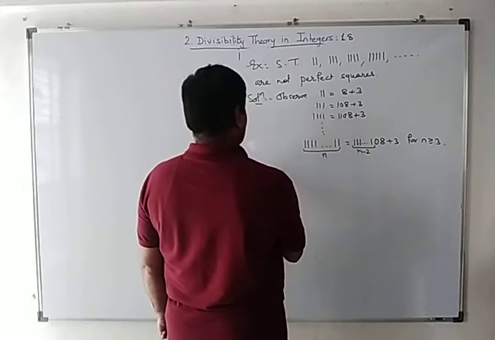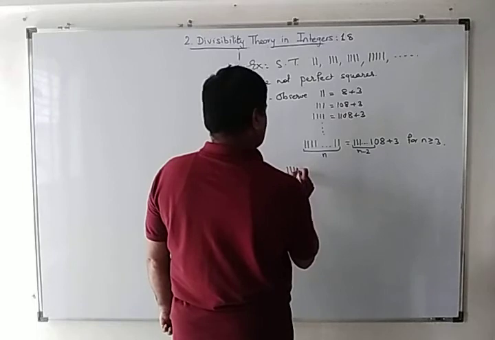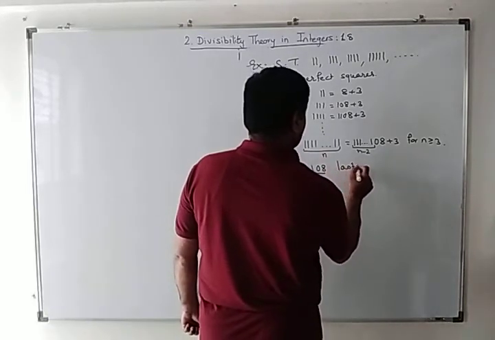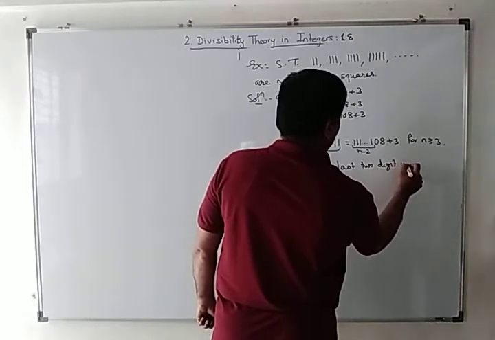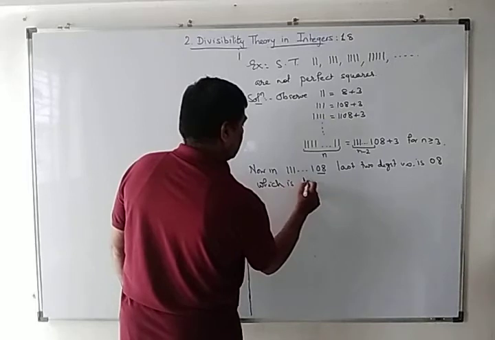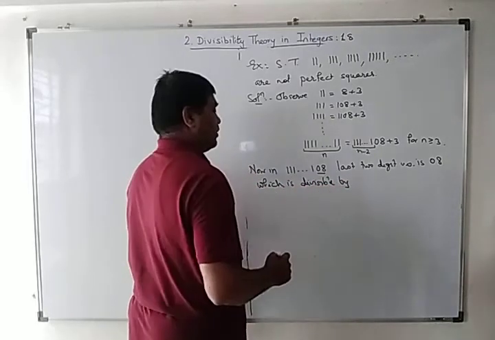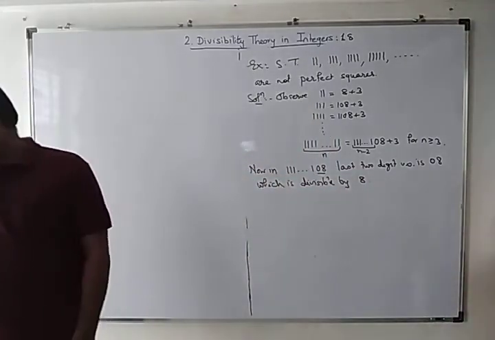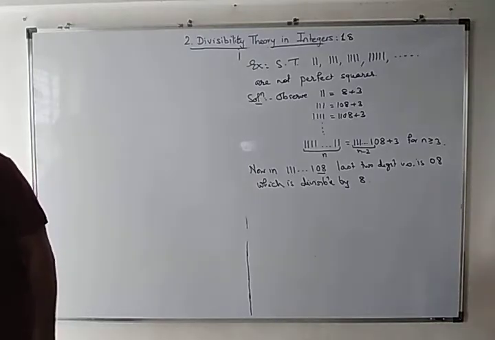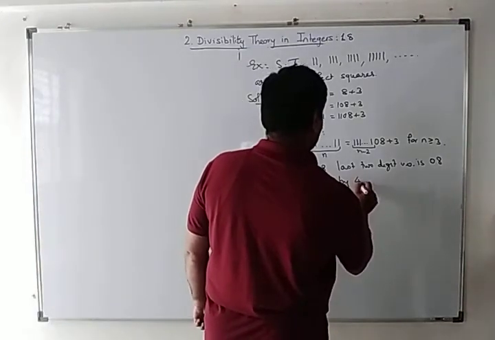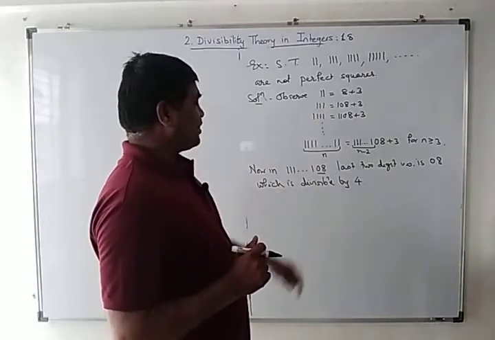Now in 111...108, the last two digit number is 08, which is divisible by 4, and therefore the whole number must be divisible by 4, by the divisibility test of 4.